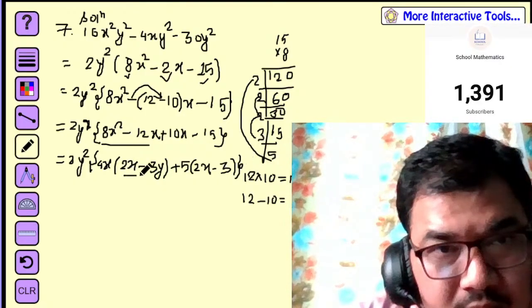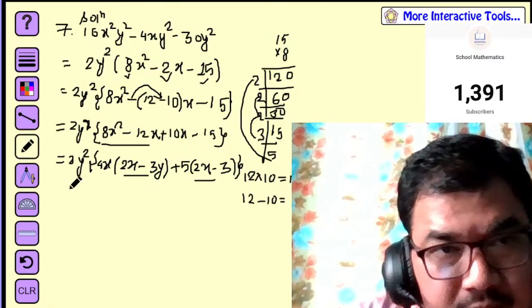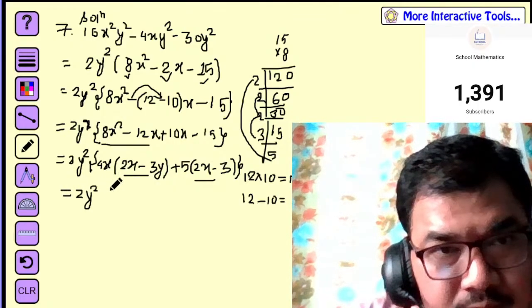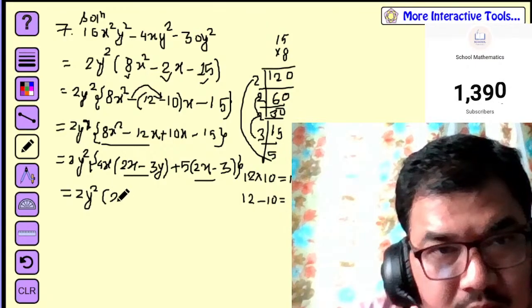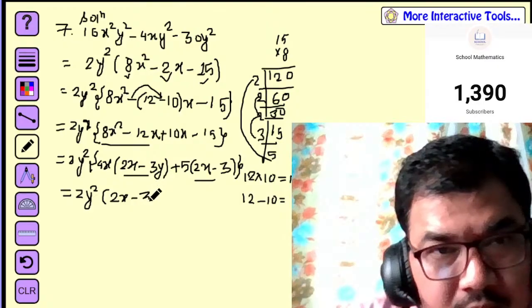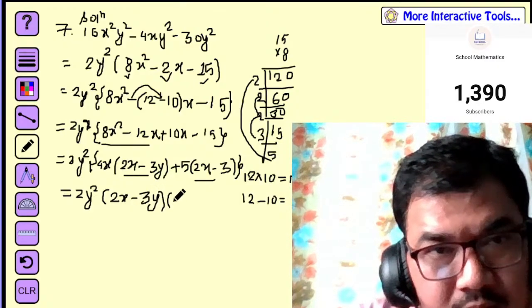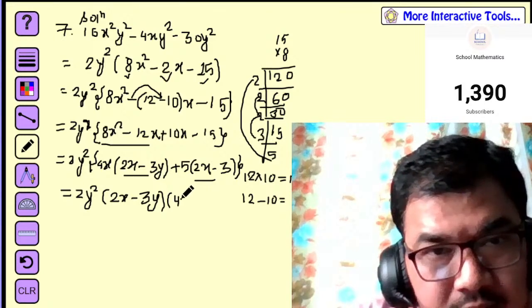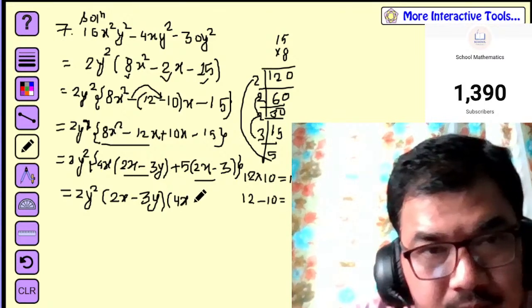Now look at these 2 factors are same, that's why right here common them, okay. 2y square, then what is common now here? 2x minus 3y, okay. Then next one is there 4x, okay.